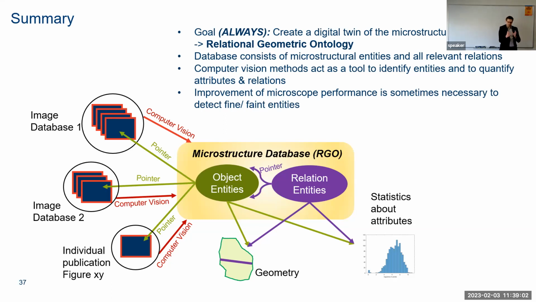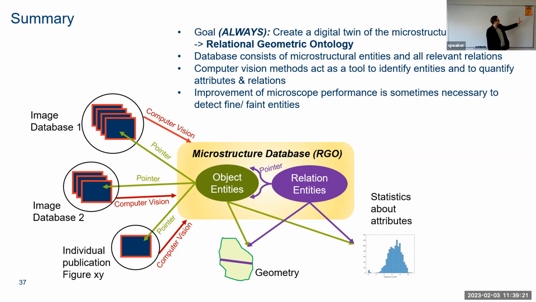I always say, well, what are the entities you are interested in and what are the attributes? And if you have realized what this is, oftentimes it becomes more clear what kind of computer vision technology you should use.